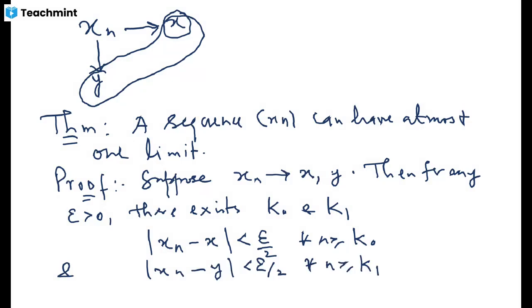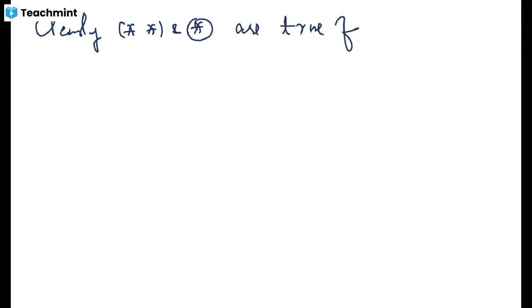And note that if you choose n to be a number which is greater than or equal to the maximum of k naught and k1, then both these inequalities star and double star hold for that particular choice of n. So both inequalities star and double star are true for any number n which is greater than or equal to the maximum of the numbers k naught and k1.